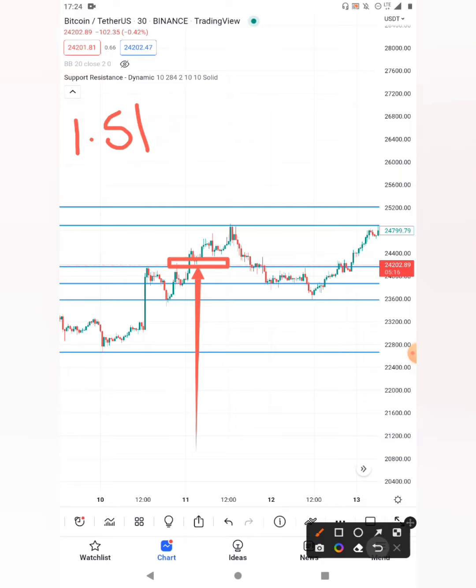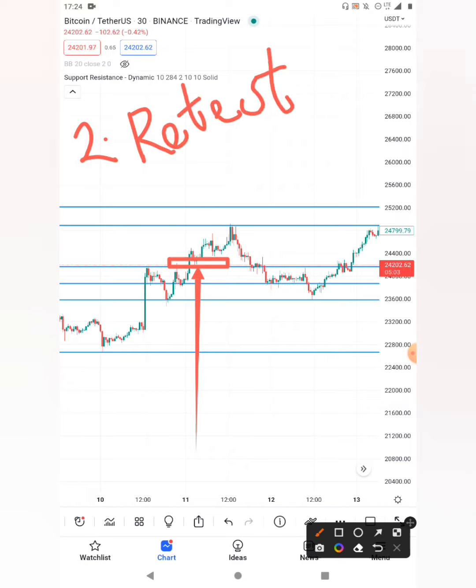Rule number two, price must retest the support level gradually, meaning buyers who actually bought, they've taken their profit and they're trying to sell off gradually.